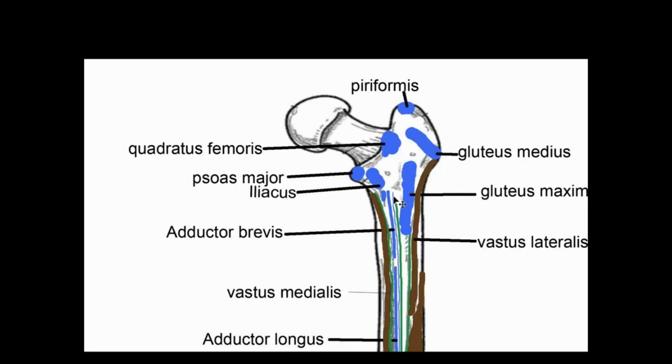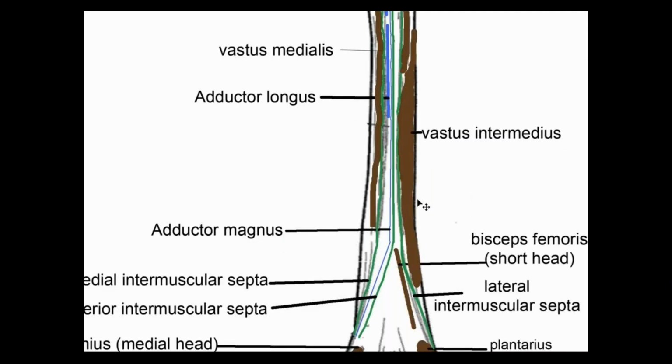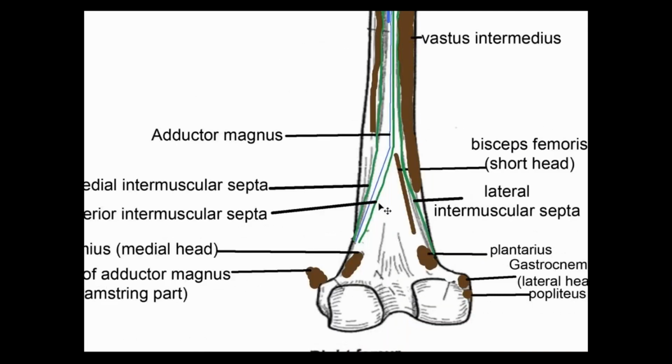So medial to lateral: a few fibers of iliacus, pectineus, adductor brevis, adductor magnus, non-hamstring part, and gluteus maximus. Now the popliteal surface. The popliteal surface is present between the medial and the lateral supracondylar lines, a triangular surface, right?